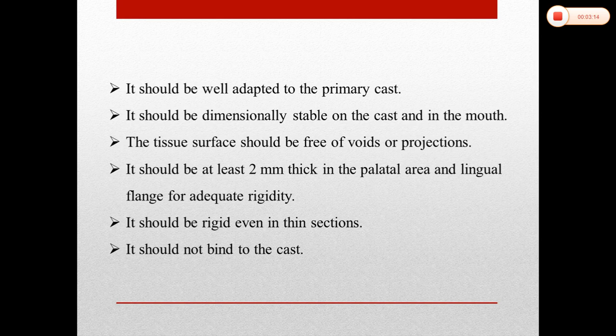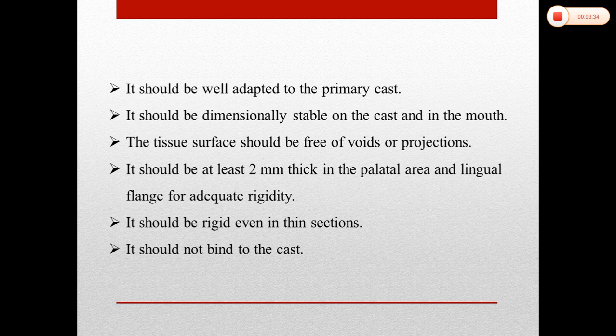We are going to have two different types of impressions for complete denture patients. One is a primary impression, and the other is a secondary impression. The primary impression is the impression we make with the help of a stock tray.